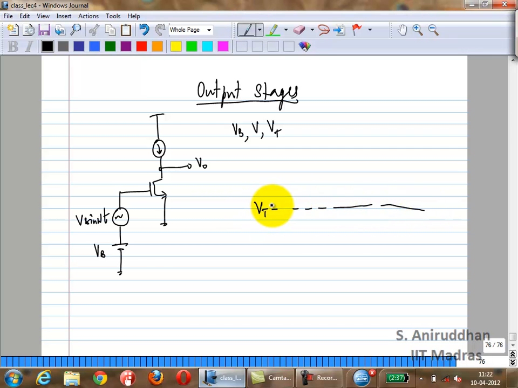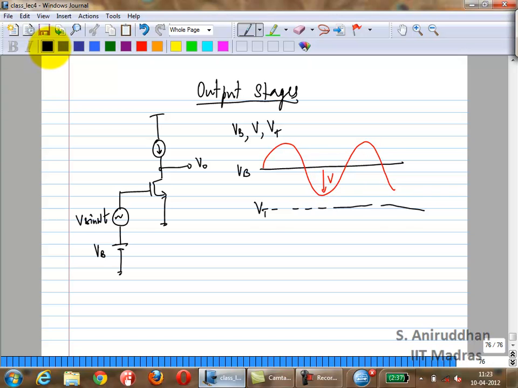Let's say this was your VT. Let's say this was VB. VB should be greater than VT for the transistor to be on, of course. Suppose this V sin omega t looks like this. This is V. Okay.